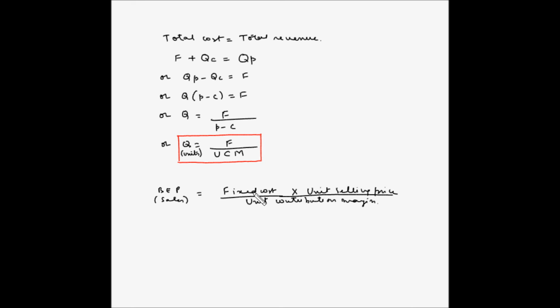Now, how did we get to this? Basically, Q is equal to fixed cost divided by unit contribution margin.